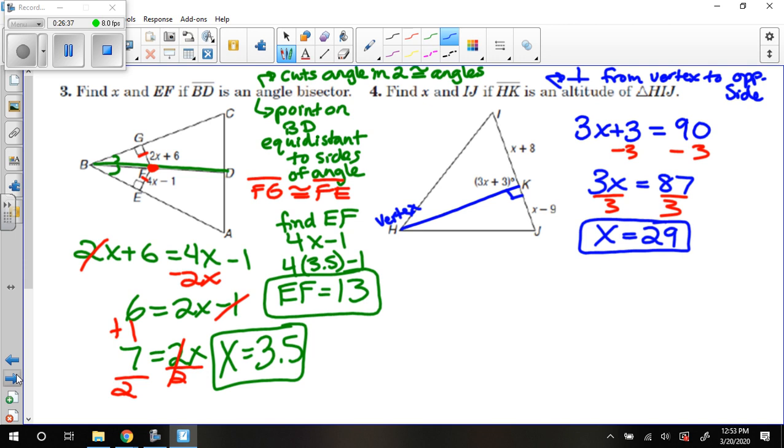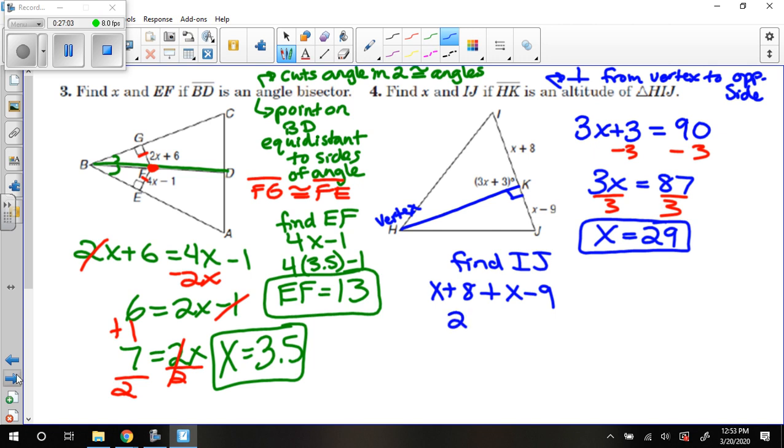It says find x and IJ. So find IJ. If you look on the picture, from I all the way to J is adding up these two segments, x plus 8 and x minus 9. Together make IJ.